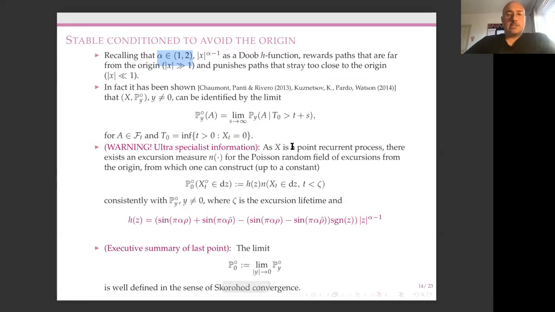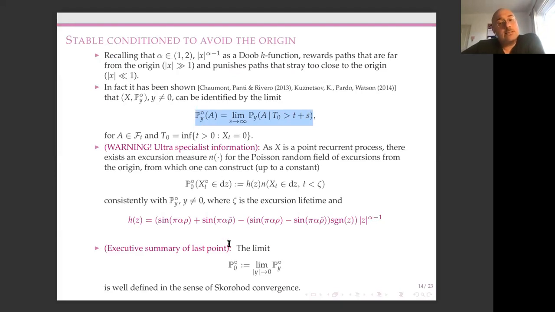Again, I'm sorry about the oscillation in the slides. Let's skip this bullet point here. That's for specialists. Now, the executive summary of the last bullet point is that this process here, we can make sense of it actually starting from the origin. So it's a process which avoids the origin. It's a stable process conditioned to never visit the origin, to stay away from the origin.